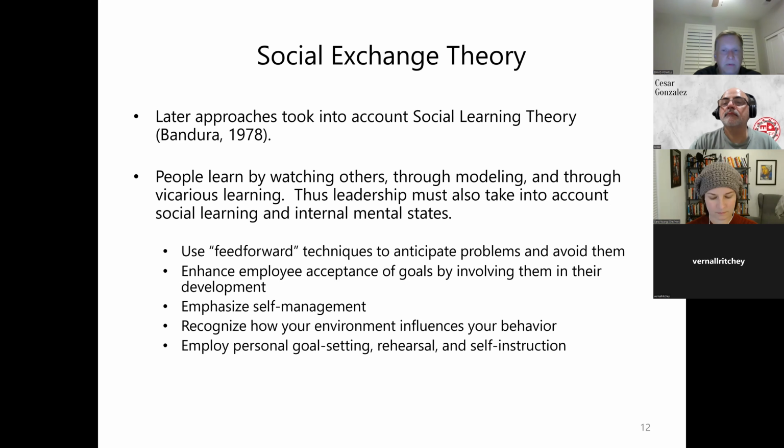Enhancing employee acceptance of goals by involving them in goal development. So again, as Martha Derthick always tells us, in order to implement something, we have to have the support of our implementers. If our implementers do not support what's being implemented, they will use everything they can in order to try and stop or delay that implementation.